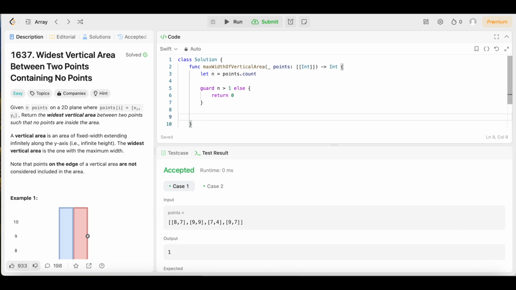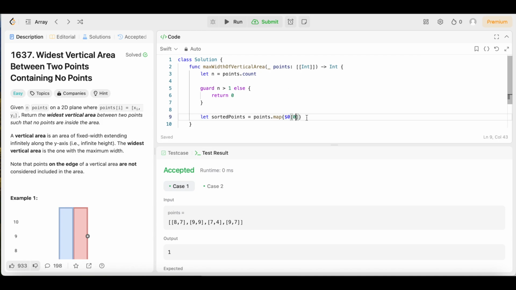Then we're going to come down here, we're going to sort the points. So we're going to say let sortedPoints equal points.map. Then we're going to open up the brackets. We're going to bring $0. We're going to open up the array brackets and put a 0.